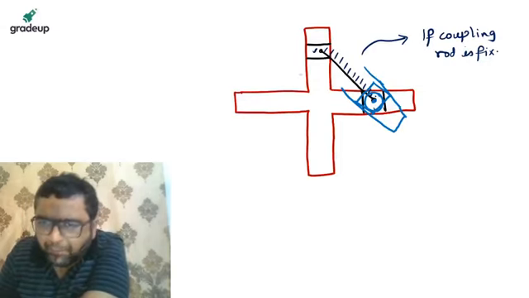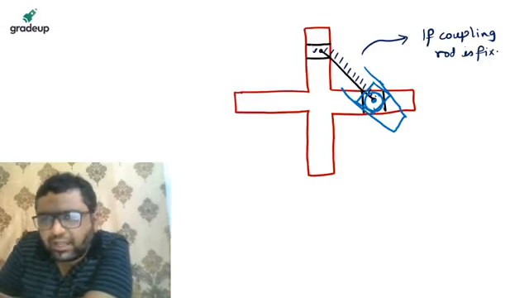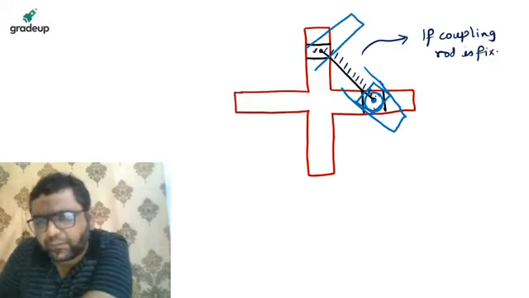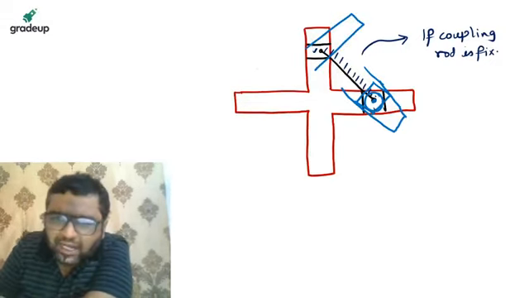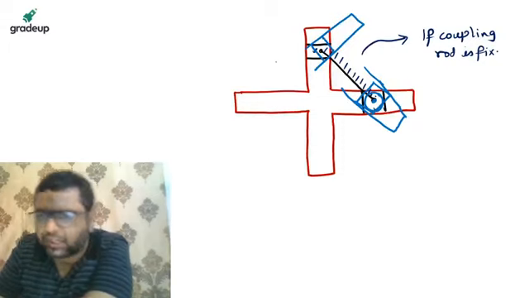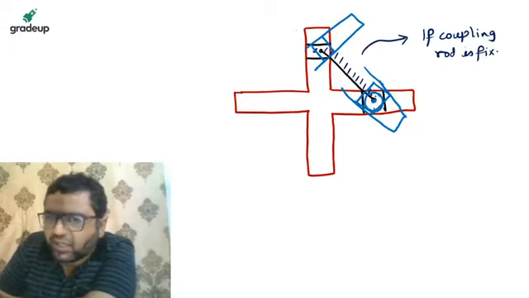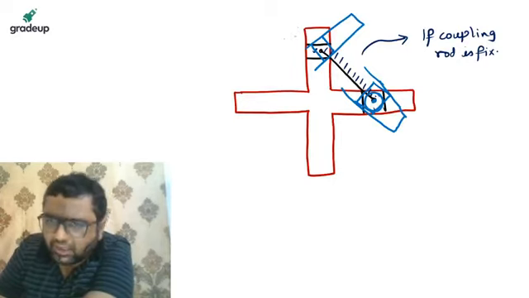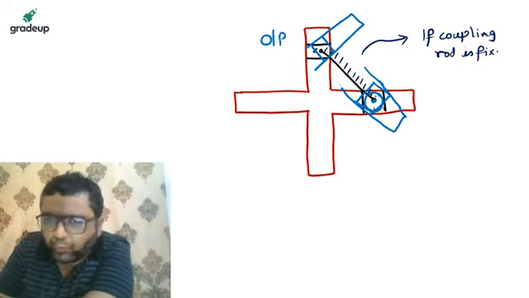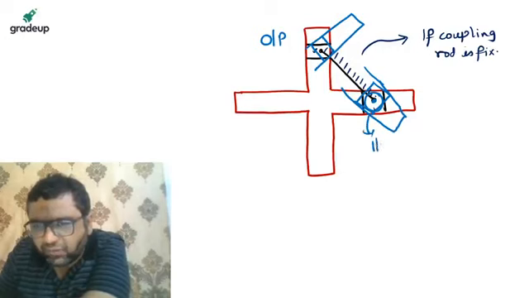If this part is rotated like this, this part will come like this because they are always 90 degrees to each other. Then the second slider inside also rotates. If you join a shaft with this slider, that shaft will also rotate, acting as the output shaft, as this is the input shaft.